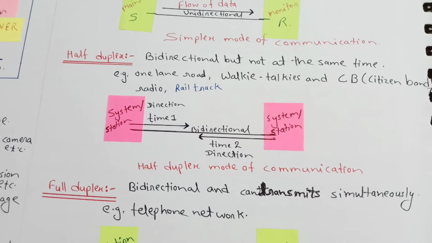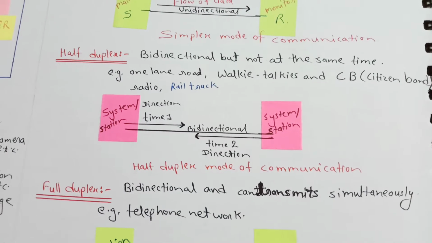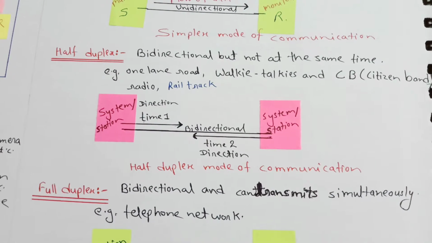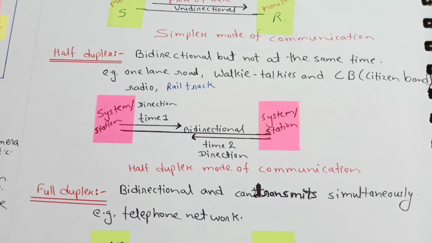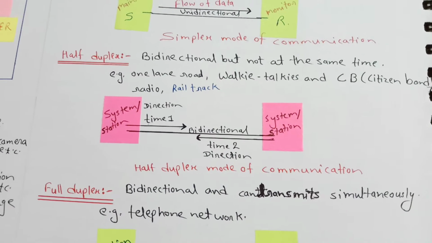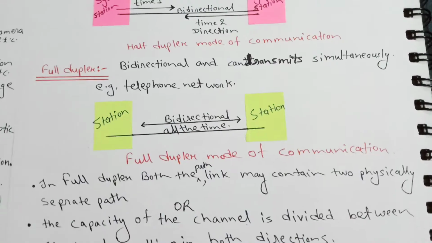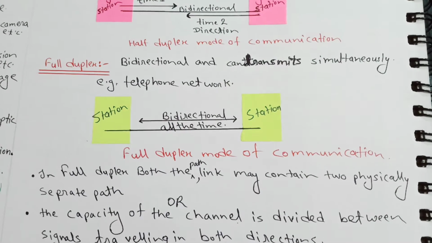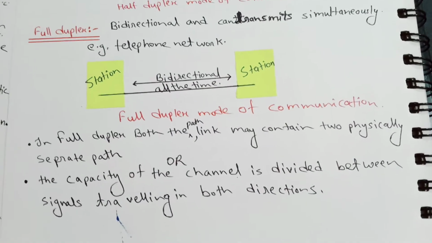Then this is called a half duplex mode of communication, in which we can use one side for sending data, and after that the second side for receiving the data. Okay, for communicating.